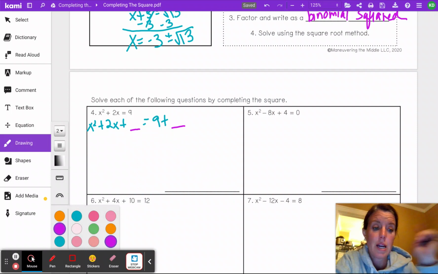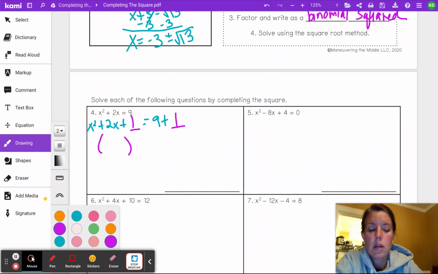That reminds me I need to do it on both sides. So half of 2 is 1. 1 squared is just 1. So your value is just 1 on both sides. So this would just be x plus 1 squared equals 9 plus 1 is 10.